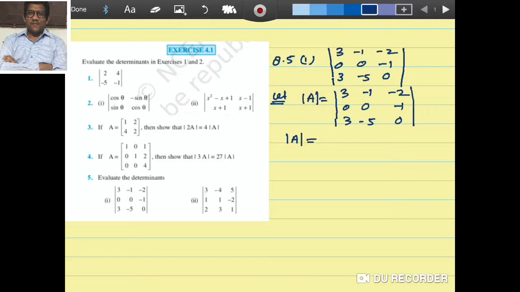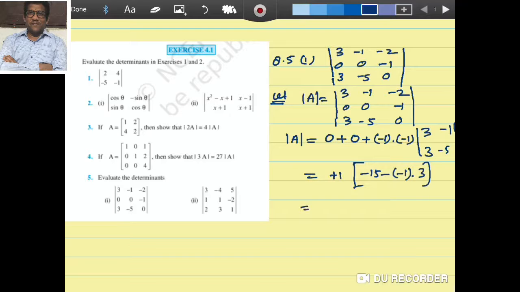We get A21 is 0, so plus A22 is 0, plus in A23, here it is minus 1 to the power 2 plus 3, minus 1, into minus 1 into the determinant obtained by deleting row 2 and column 3, minus 1 minus 5. We get 1 into minus 15 plus 3, that is minus 12.